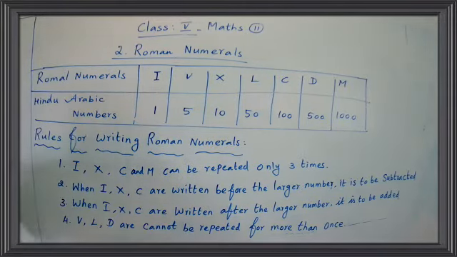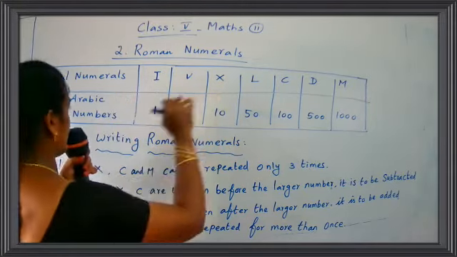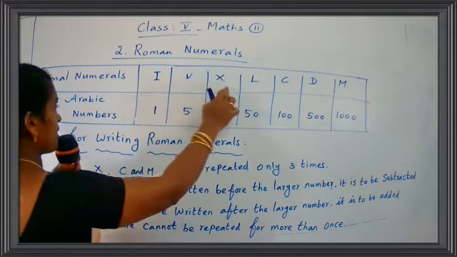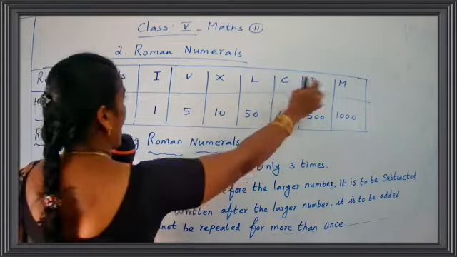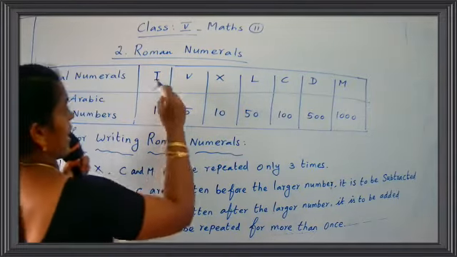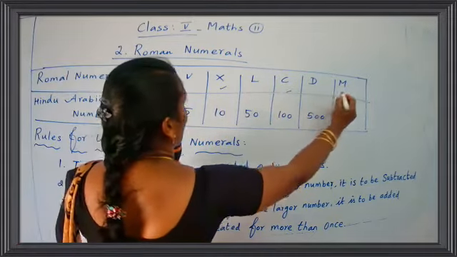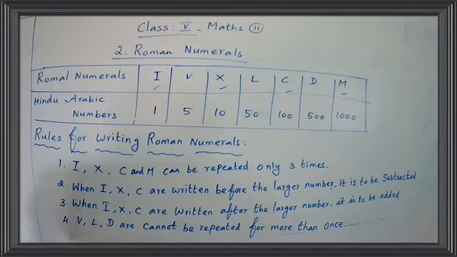Of the 7 Roman numerals, these symbols I, X, C and M can be repeated only 3 times.